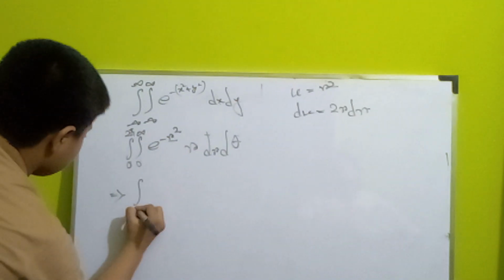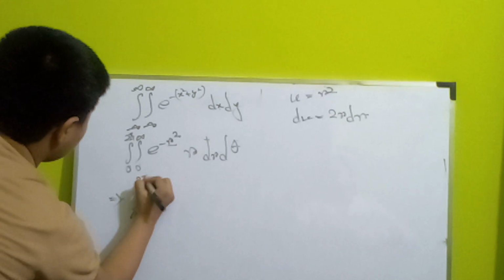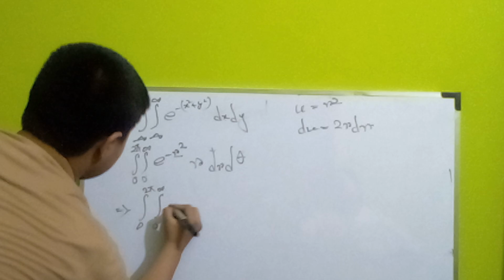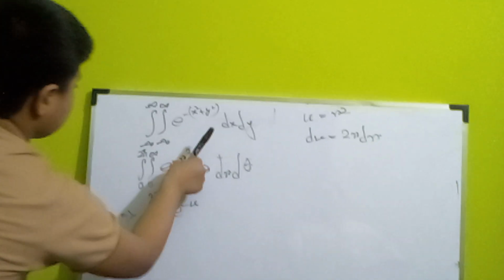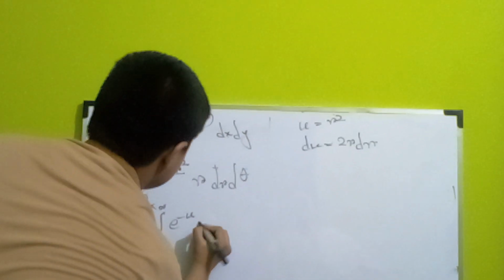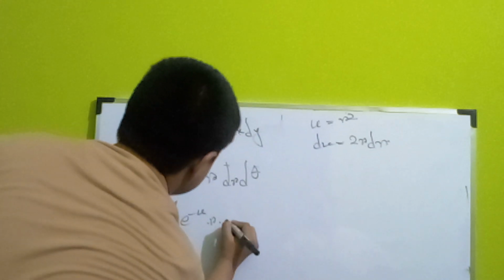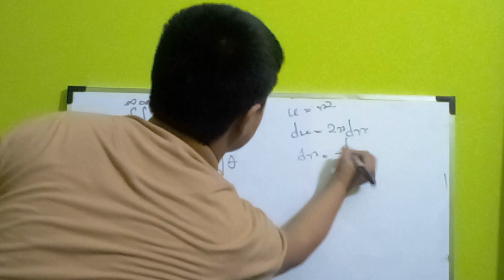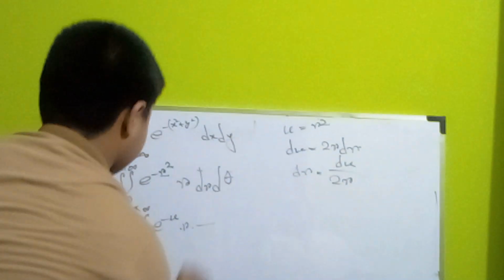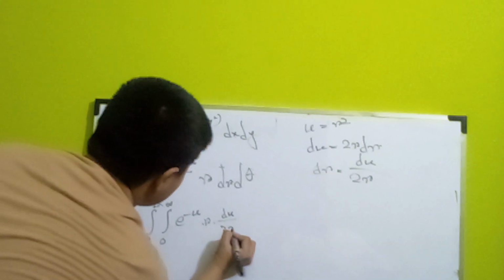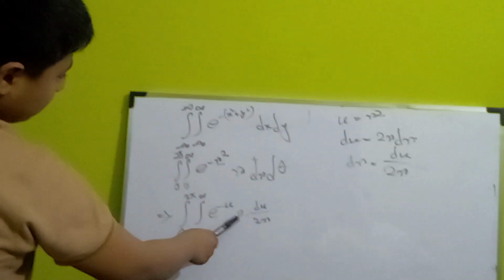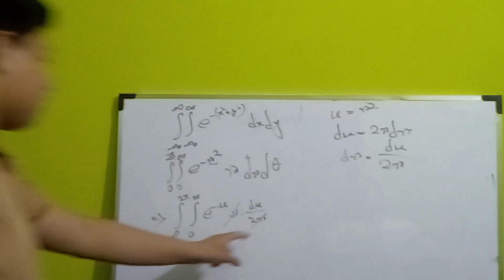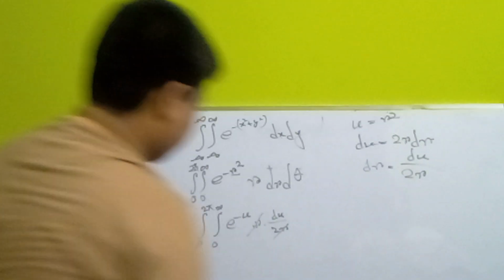Let's rewrite it: 0 to 2 pi times 0 to infinity e to the negative u, as r squared is just u, times r times dr, which is given as du by 2r. Here you can clearly see that this r and this r are going to cancel out, and we're left with 1 half e to the negative u.